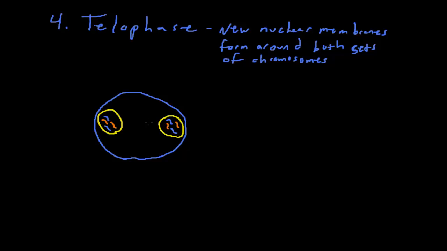And what's missing here? You remember the little spindles that pull them apart? Those are gone because the spindles dissolve this time. The spindles dissolve and disappear. So the cell now basically has 2 nuclei. Remember earlier it doubled all of its organelles too. So it's basically 2 cells combined into 1.